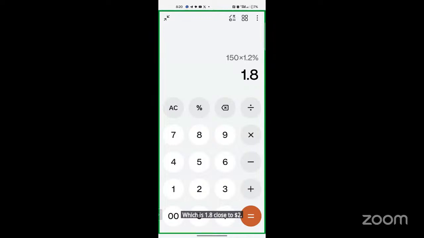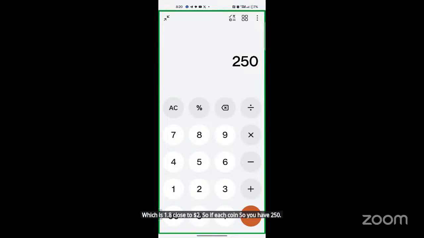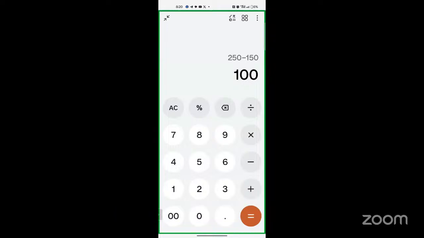So you have 250, according to my experience, and the 150 you want to go into the coin very fast. I'm going to dig deep into this in the second class, and the $100 helps you with margin calls. Definitely you'll apply the AI, because once the 150 gets in, you have already hit your goal.